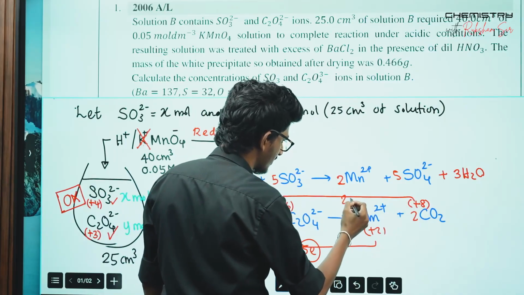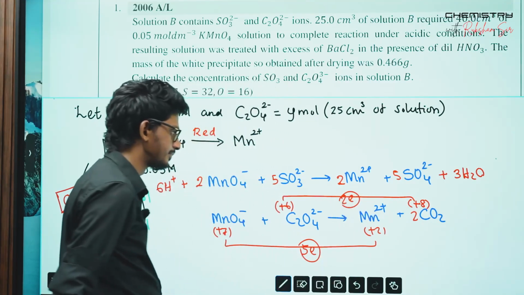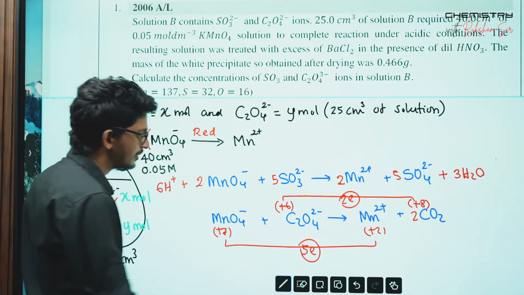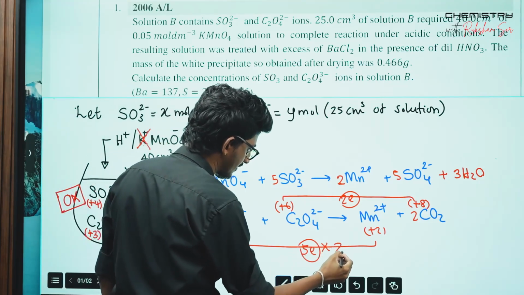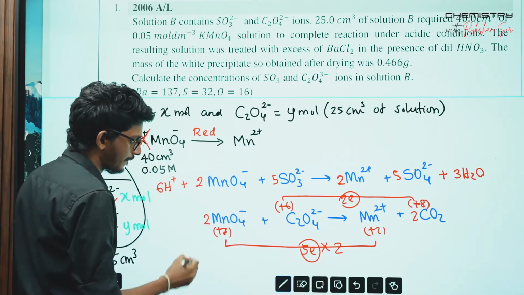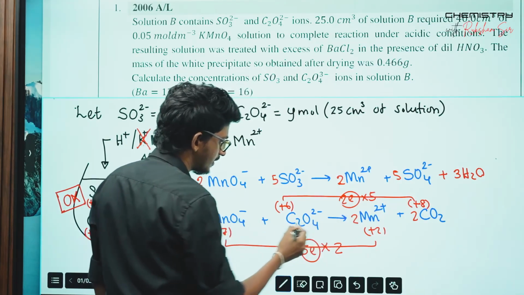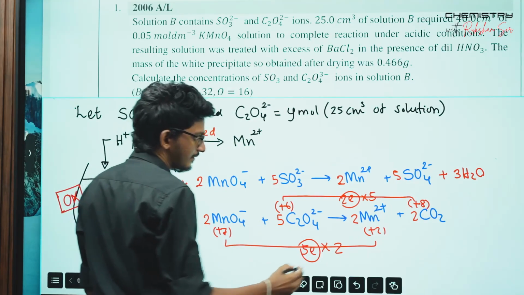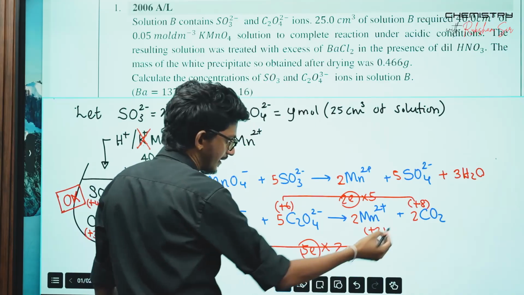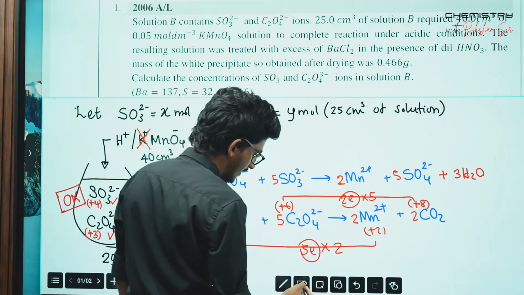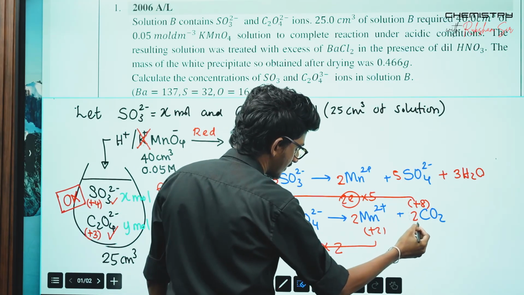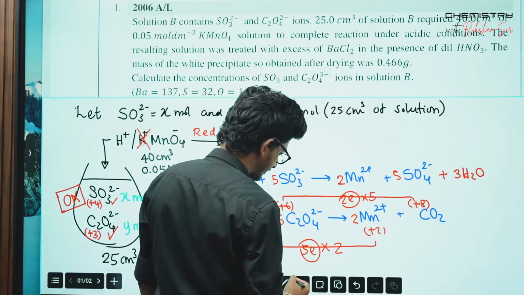So there is a 2 electron difference. So this needs to be multiplied by 2, as the least common multiple is 10, and this needs to be multiplied by 5. So 5 into 2 is 10, right?